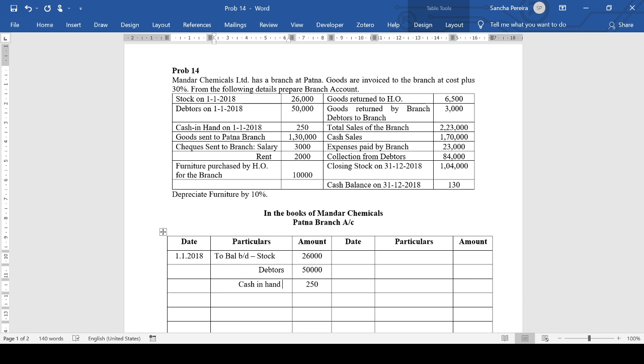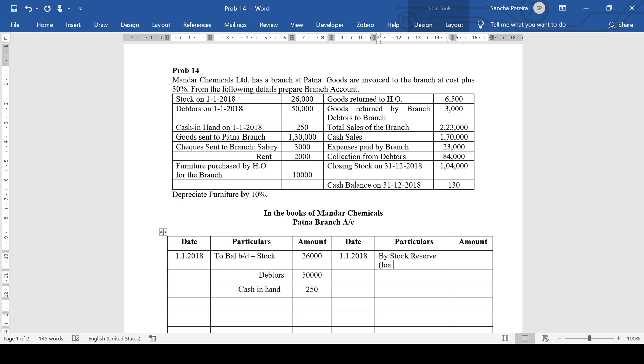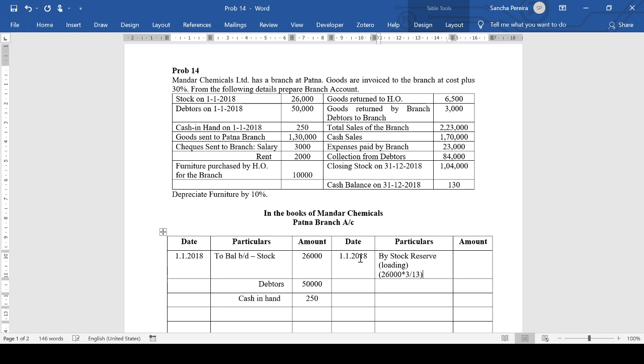So on the stock, we calculate stock reserve. 1st January 2018, by stock reserve, loading. You'll have 26,000 into 3 by 13. So how will we get this? 26,000 is for 130% because it's invoice price. For 30% it is how much?